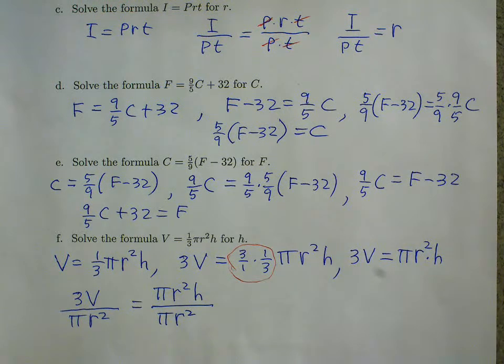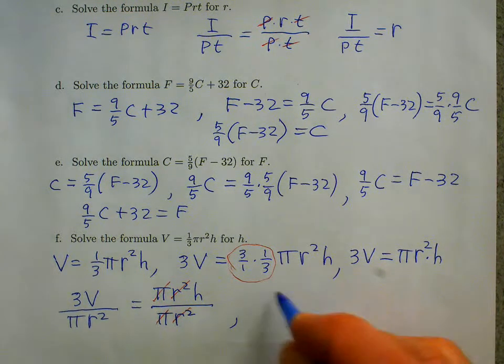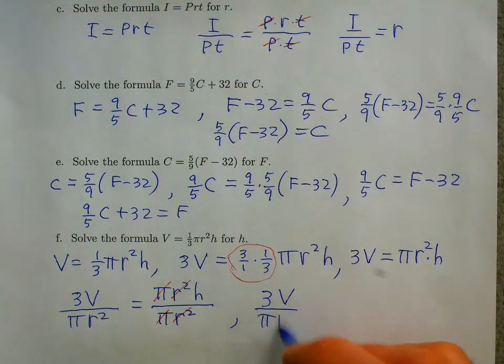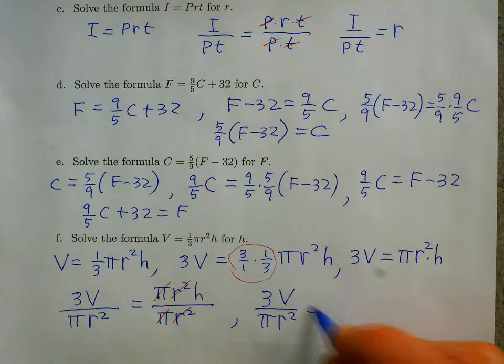And on the right-hand side, we have factors from the numerator that cancel with the same factors in the denominator. Pi divided by pi is 1. R to the second divided by r to the second is 1. And so our final result is 3 times V divided by pi r to the second equals h.